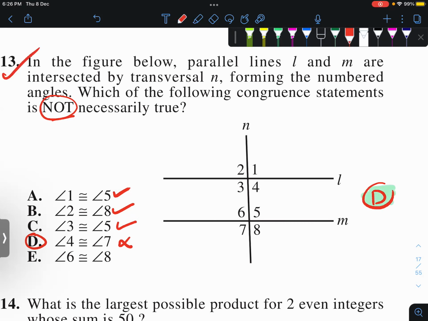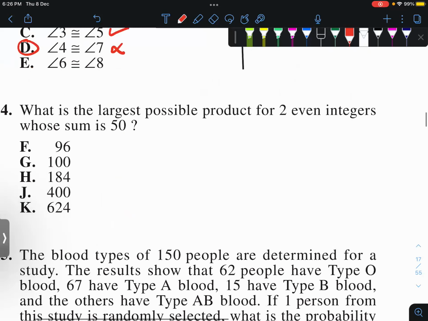Yes. Number 14, what is the largest possible product in a multiplication of two even integers whose sum is 50? So how to find two even integers? Okay, and their sum is 50. The sum of 50, like what? A lot of numbers have a sum of 50.